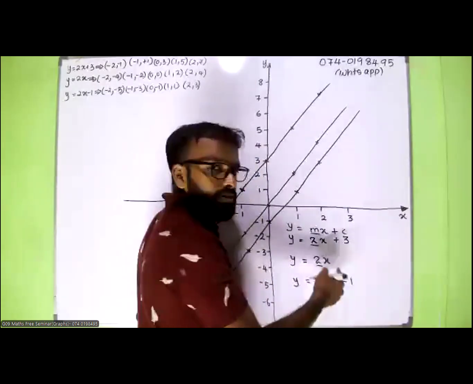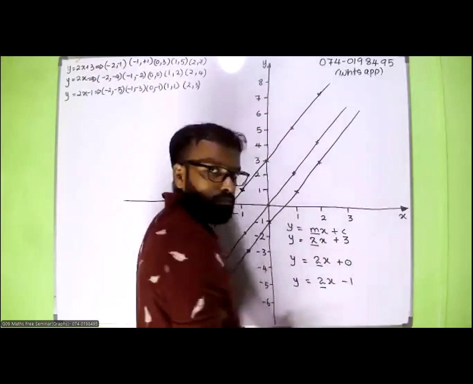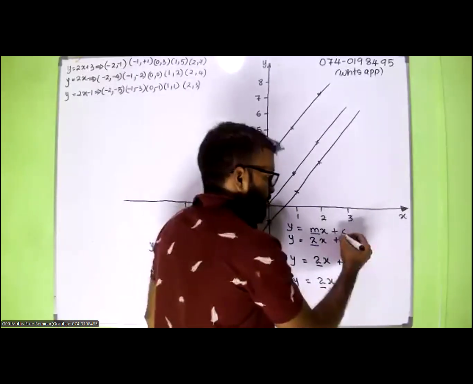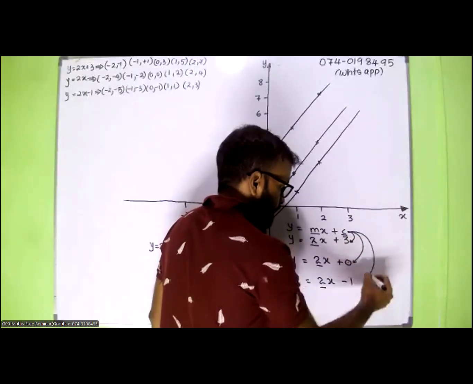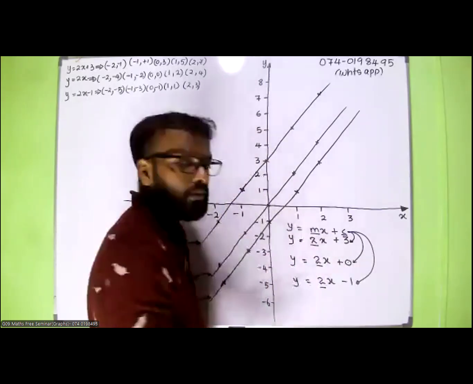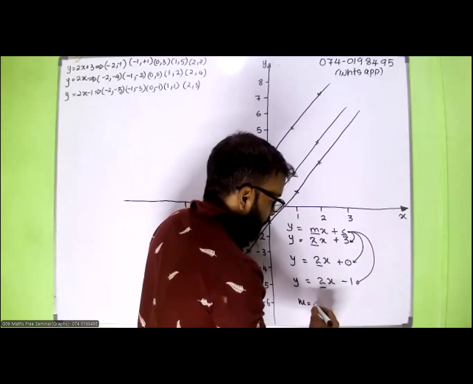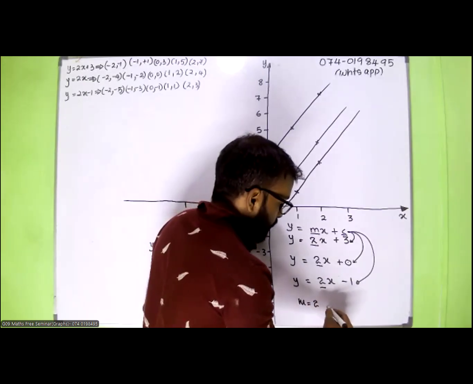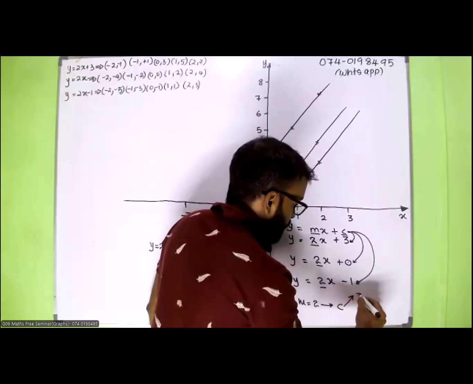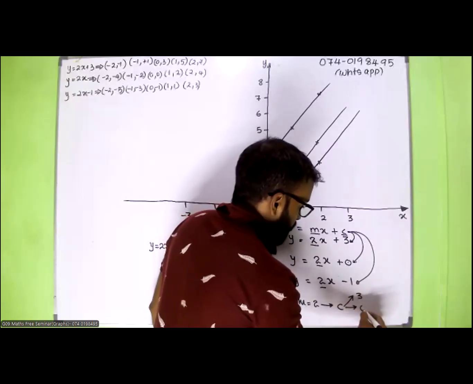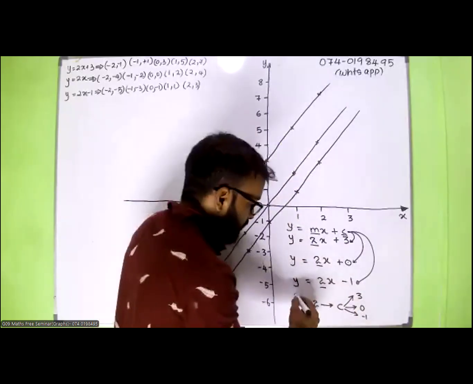Here, y equals 2x plus 0. c is varying from time to time, but m remains the same. m equals 2, but c equals first 3, then 0, then -1, while m remains 2.